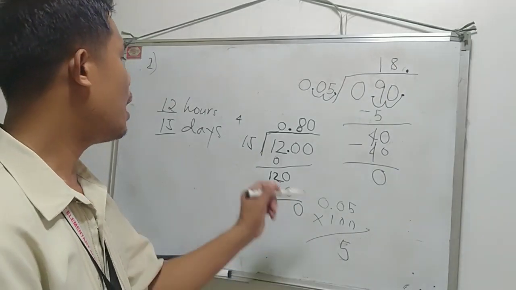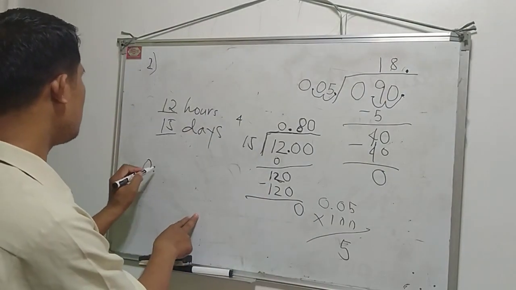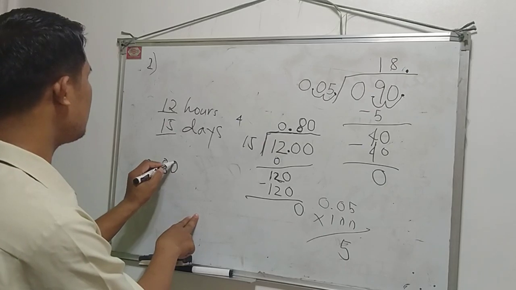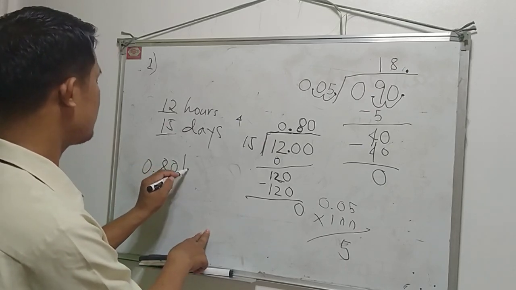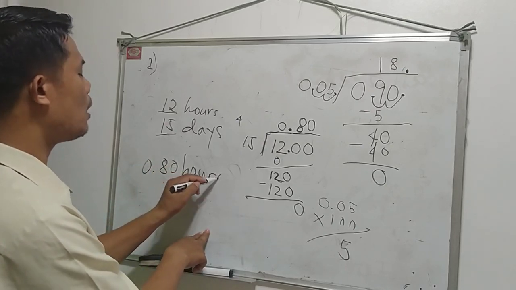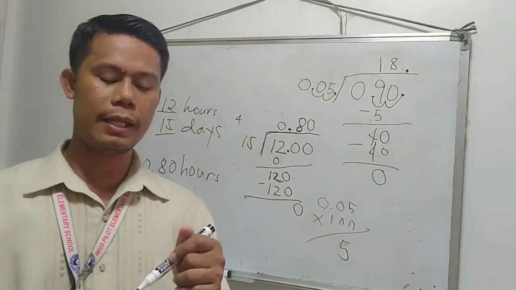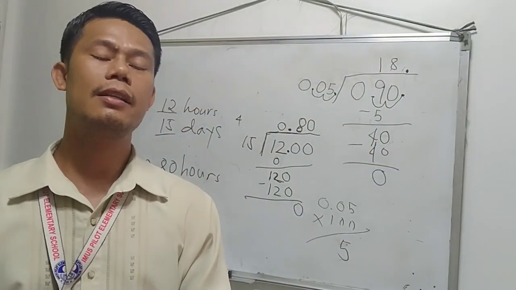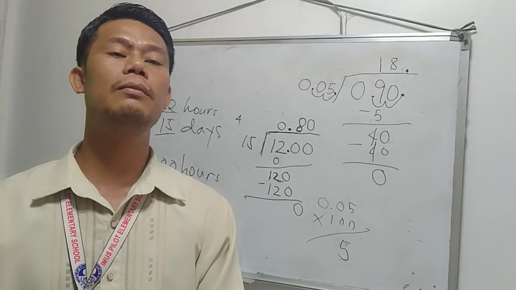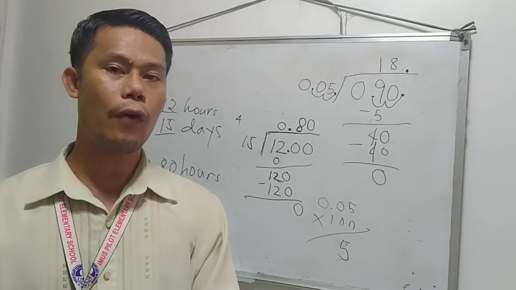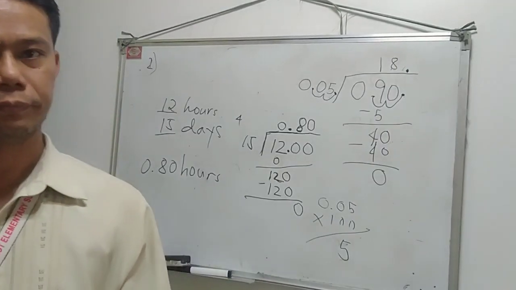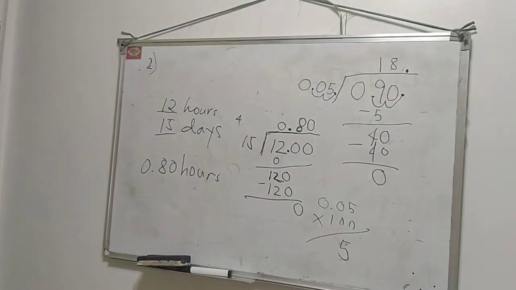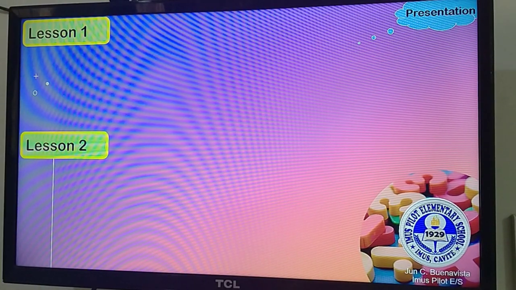So our answer here is 0.80, or 80 hundredths rather, hours or hour. So that is how to divide a whole number by another whole number with a quotient in decimal form.